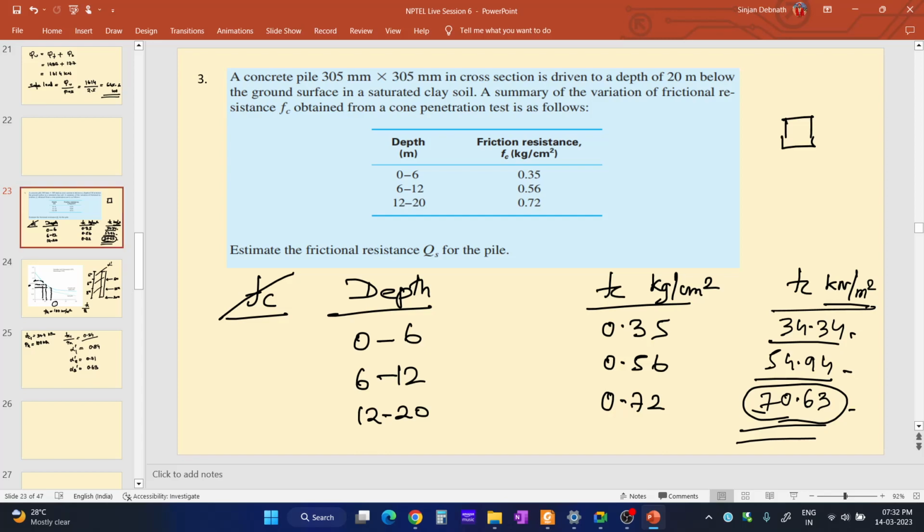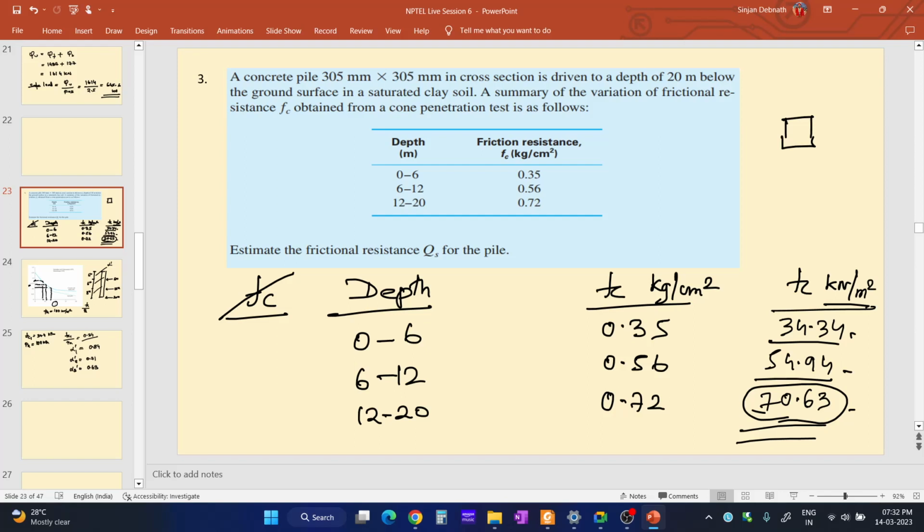We need to multiply the adhesion factors with this, and also multiply the surface area along the three segments. So we multiply the adhesion factors with the respective frictional resistance, and also with the surface area of that segment. We need to do it 3 times for all the three segments.